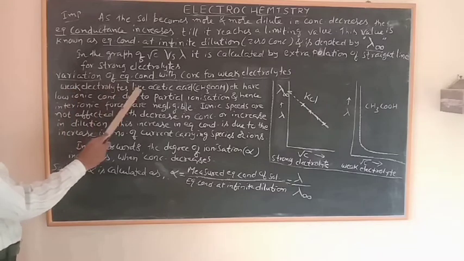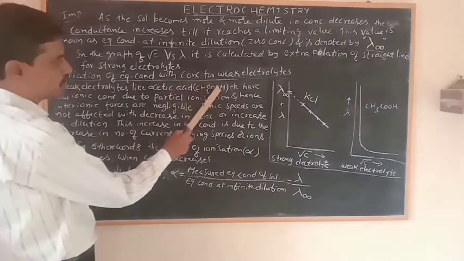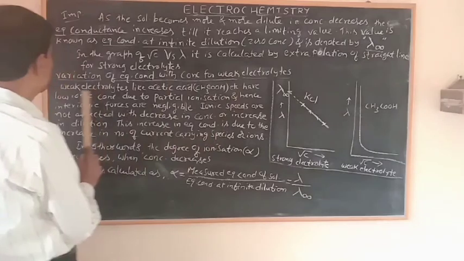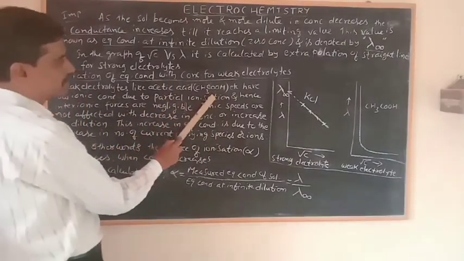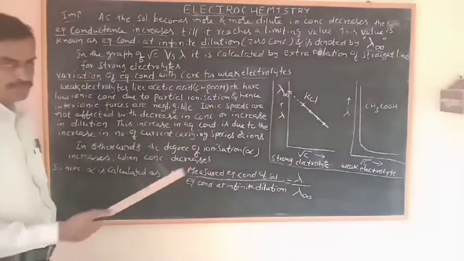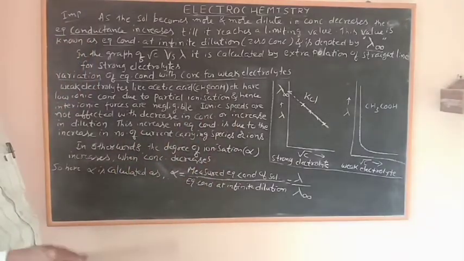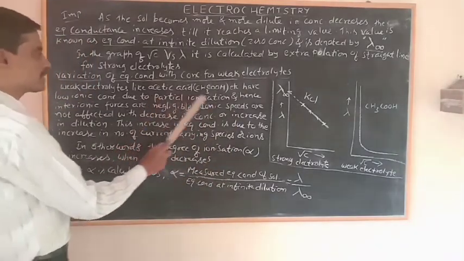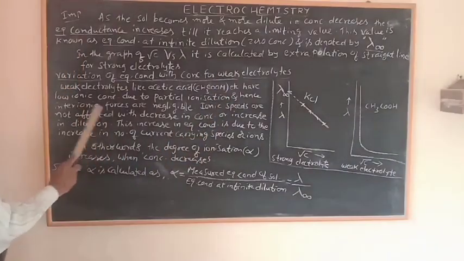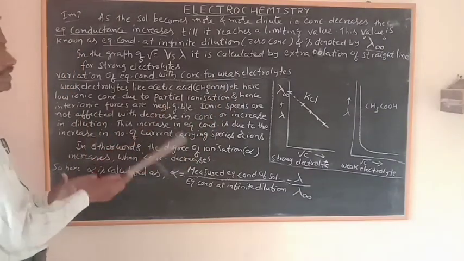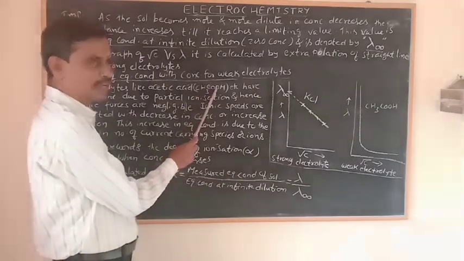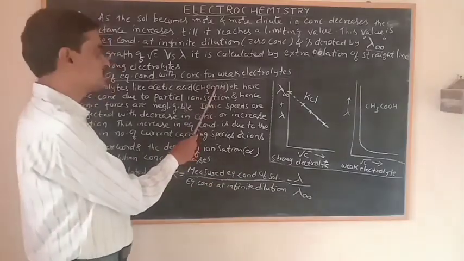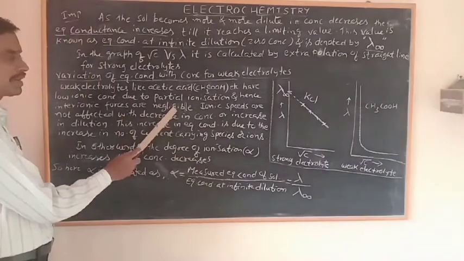Weak electrolytes like acetic acid, for example CH3COOH, etc., have low ionic concentration because of partial ionization. You know that weak electrolytes are the substances which ionize partially. So due to this partial ionization, interionic forces are negligible. The forces between CH3COO minus and H plus ions are low, very negligible.